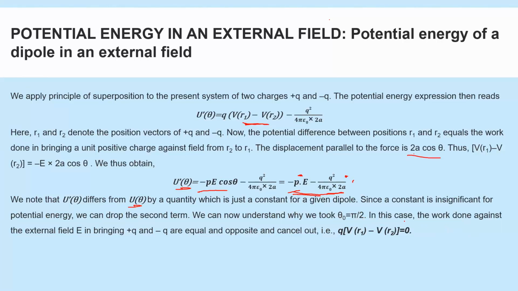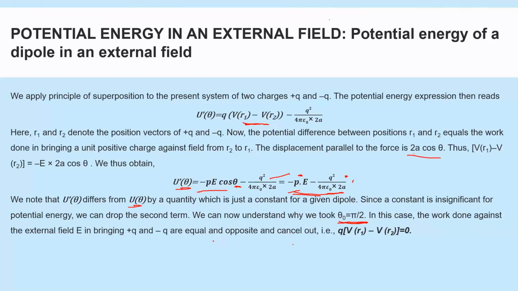In that case the work done against the external field in bringing plus q and minus q are equal and opposite, and they cancel out. Over here if you again put pi by 2, it's going to get 0, and we have also dropped this term.